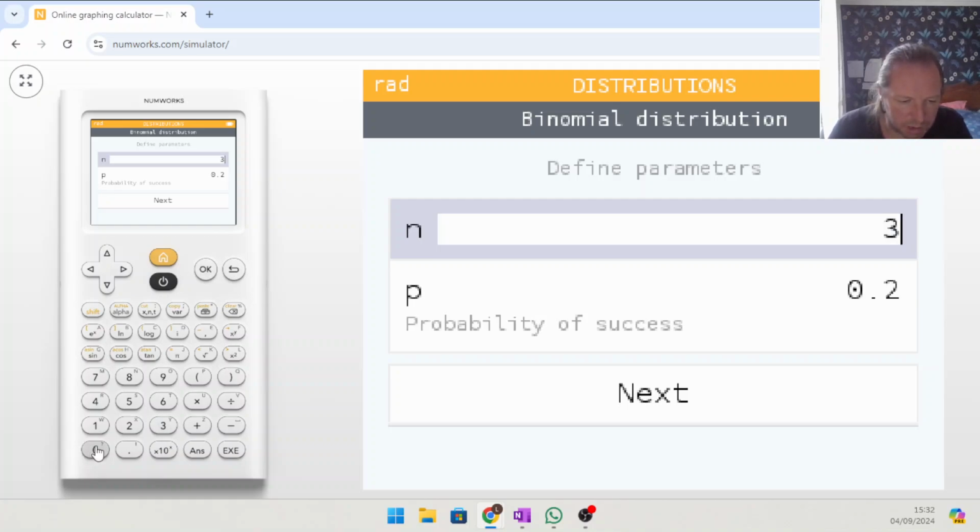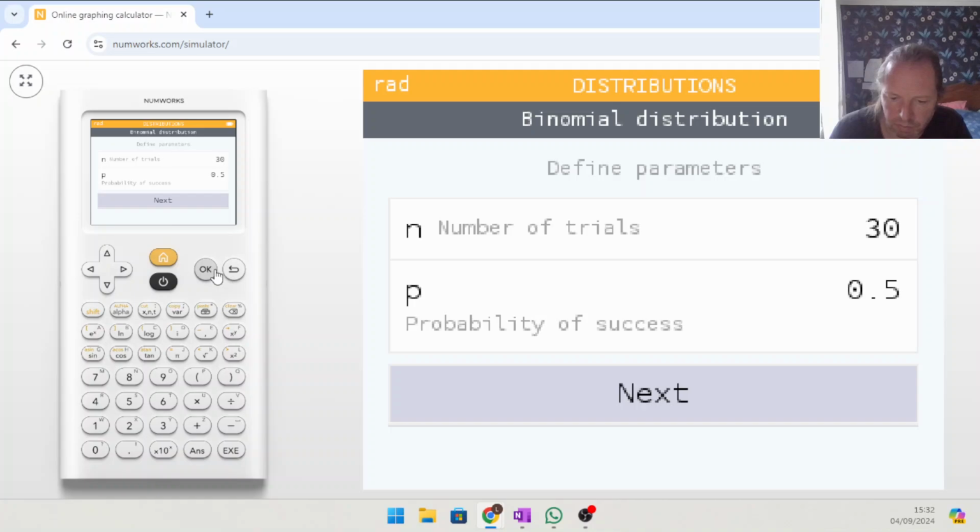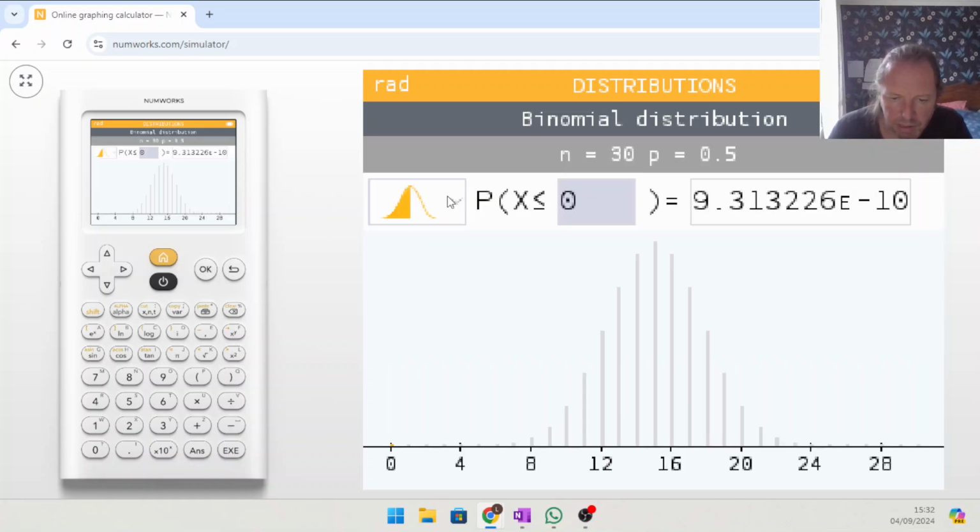Number of trials was 30 days. Probability is 0.5. Okay, and now we can start having a look. Now I can put in 20 on this, and I will see it's 0.97.